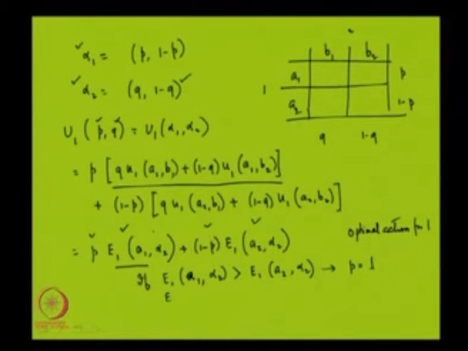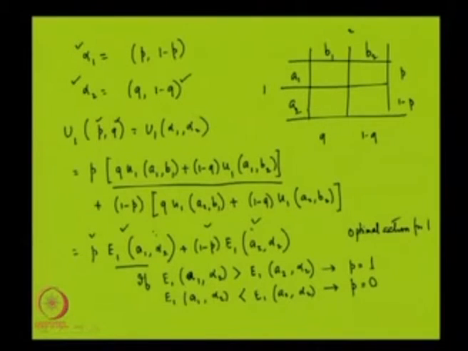Similarly, if it goes the other way, so this value is higher than this value, in that case, 1 minus P will be set to 1, and 1 minus P will be 1 if P is equal to 0. So, P is equal to 0.